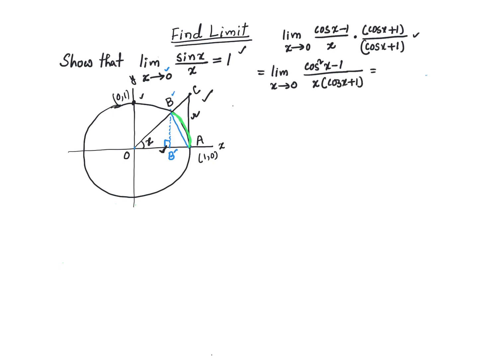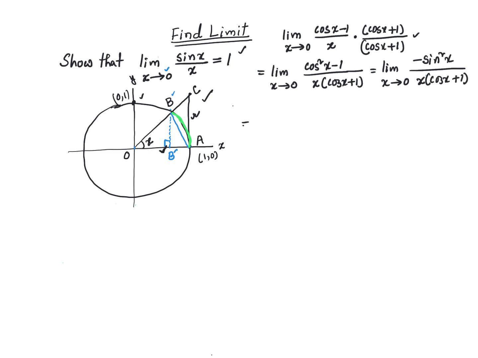And that is equal to the limit of negative sine square of x, because cosine square of x minus 1 is negative sine square of x. Why? Sine square of x plus cosine square of x is 1, and you can solve it. And that is divided by x times cosine of x plus 1.